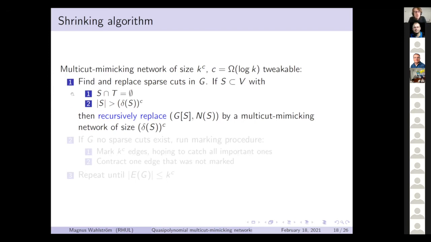Then recursively, we create a new instance on G_S. We sparsify or create a mimicking network for this recursive instance, and then we replace G_S by the replacement in our graph and start over. Eventually, there are no sparse cuts in the graph anymore. So now the graph is, quote unquote, dense.